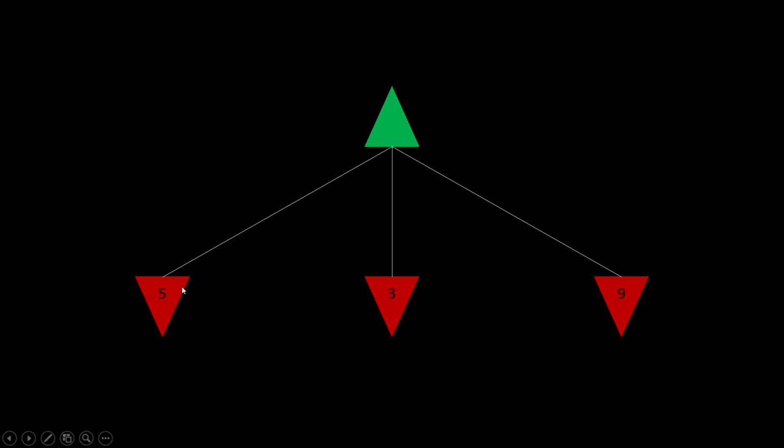Let's see the scores. I have 5, 3, and 9. So I can say for certain that the score I can choose here is 9. After all, this is the maximum score there is, the maximum score I can choose.